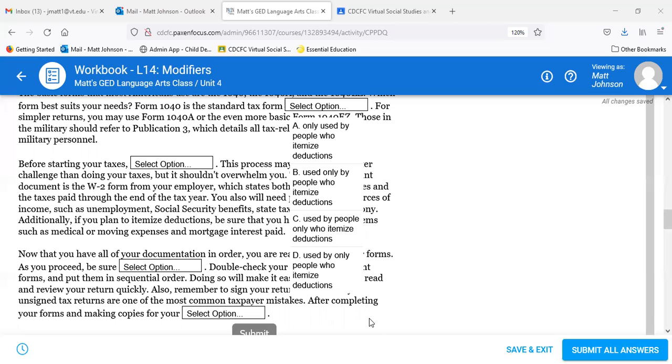It is B. B as in boy. So here we want to say form 1040 is the standard tax form used only by people who itemize deductions.